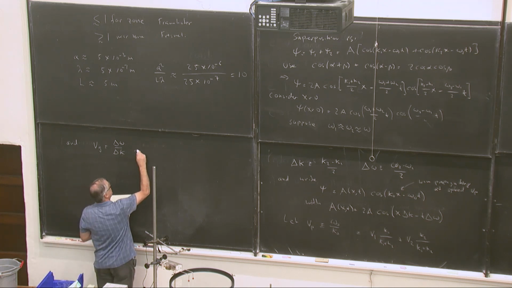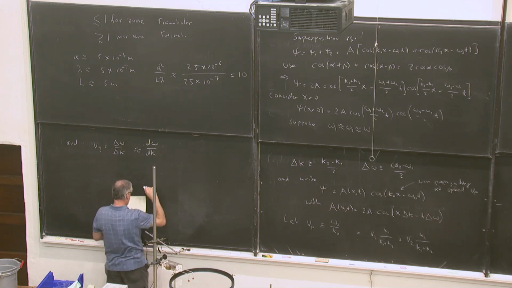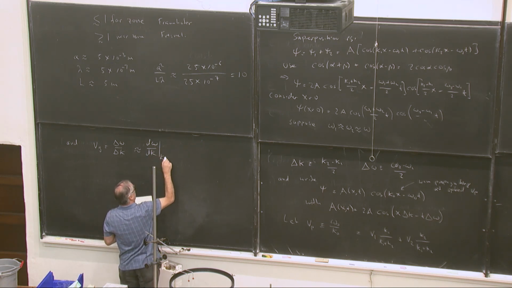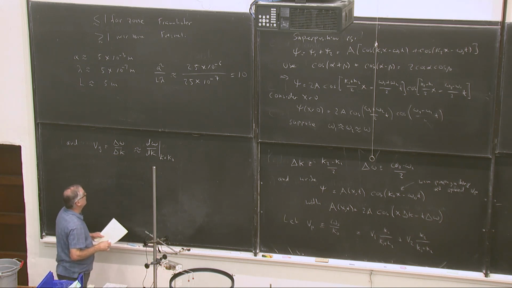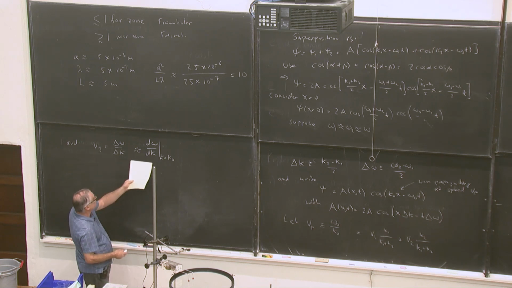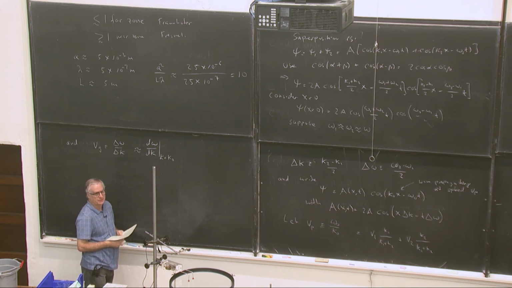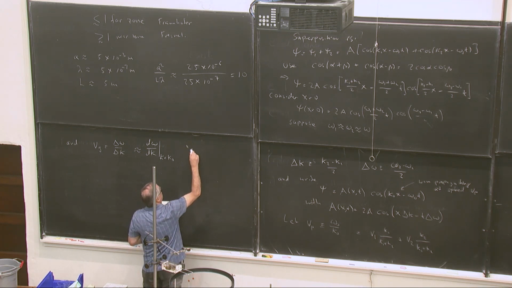This just becomes d omega by dk evaluated at k equals k0. So given a dispersion relation, we can calculate V sub G by just taking this derivative. This is known as the group velocity.